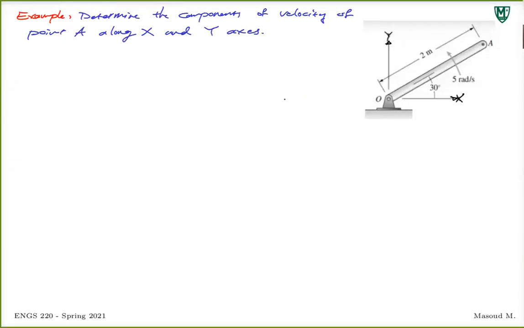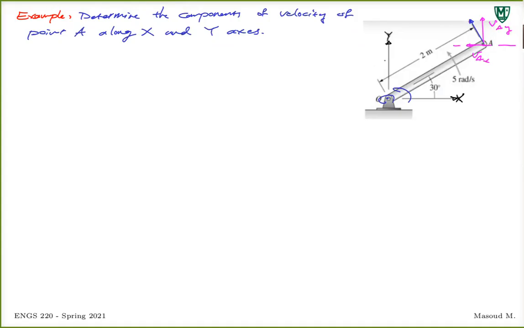Right. Let's see how we can solve this. This is relatively straightforward using rotation about a fixed axis, right? This is point A. You have omega, rotation is happening about O. This is the direction, so you can find V_A in this direction. Right. And then to find the components along X and Y, you can just decompose it and say this is going to be your V_AX and this is going to be your V_AY.